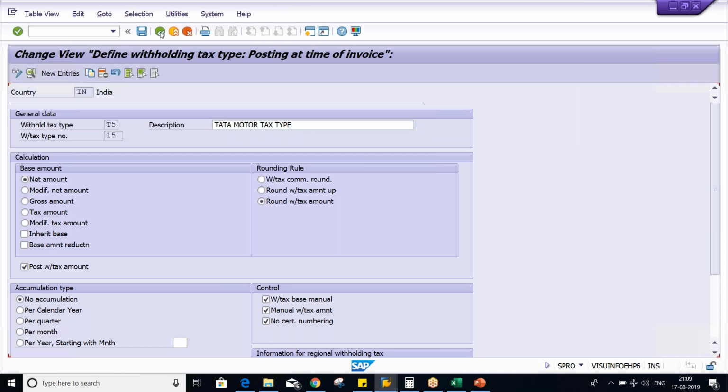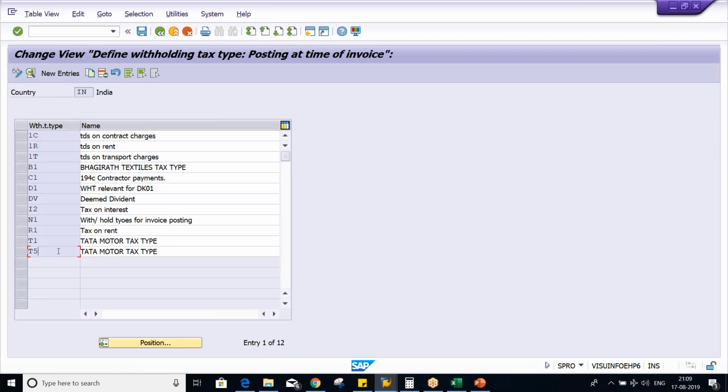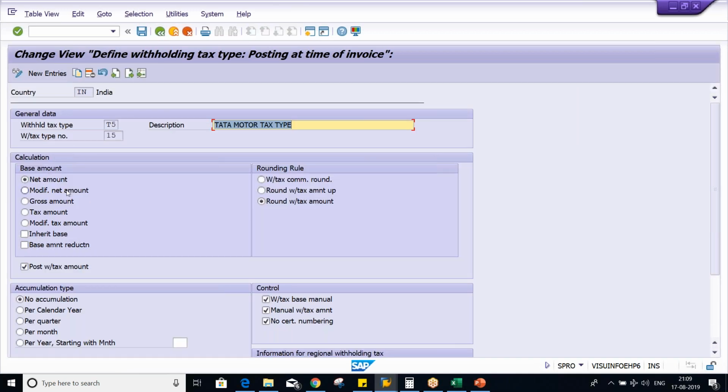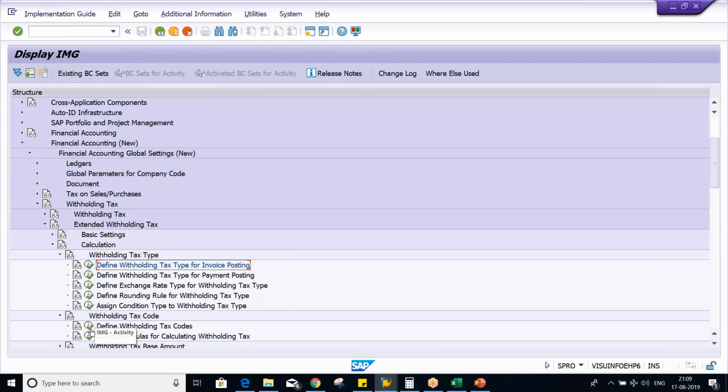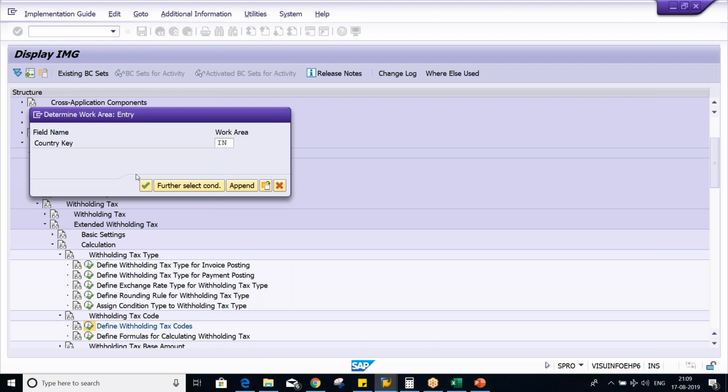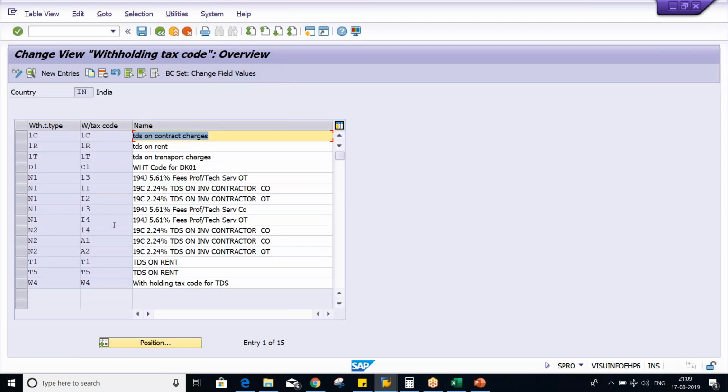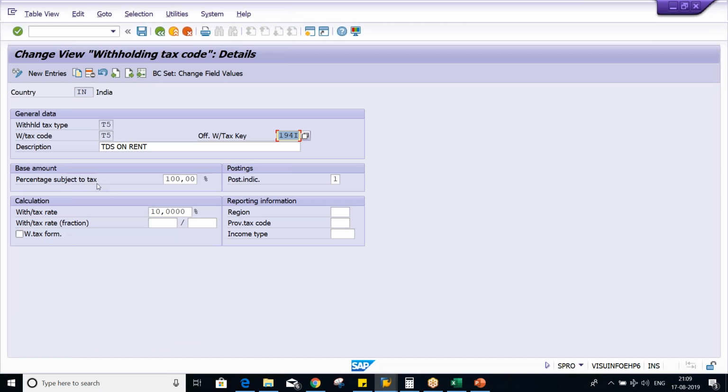I'll just do one thing, guys. If you look at here, I've shown right now base amount is net amount. It means that is your invoice amount. Come back. And here I said the tax code determines the tax percentage. Apart from this, it also determines, look at here, percentage subject to tax.